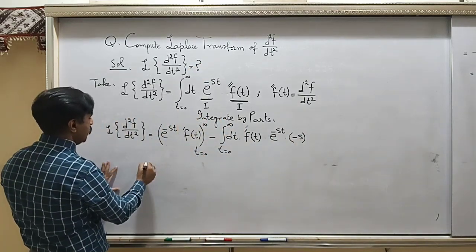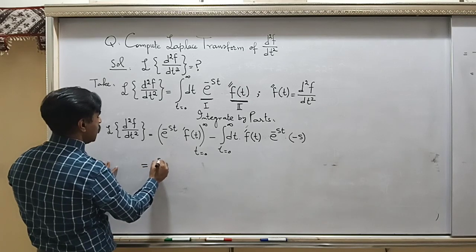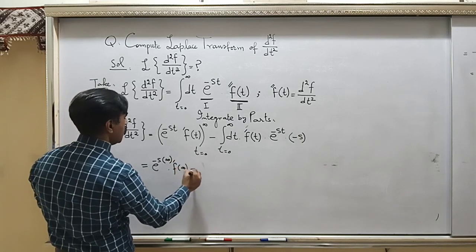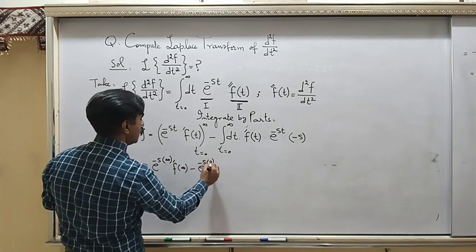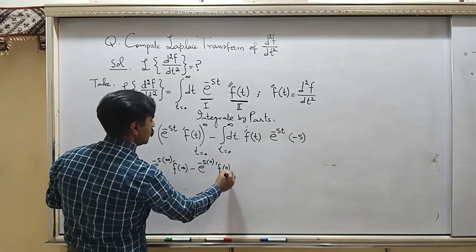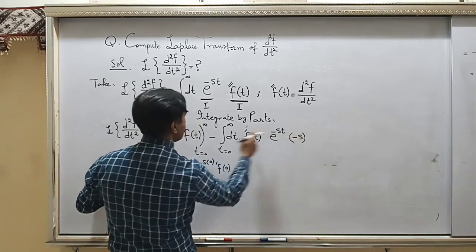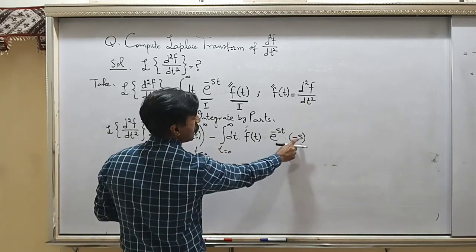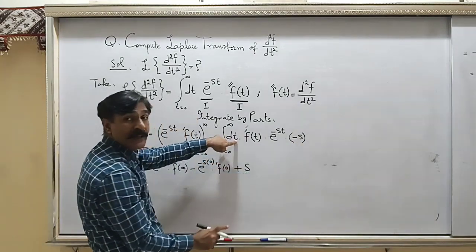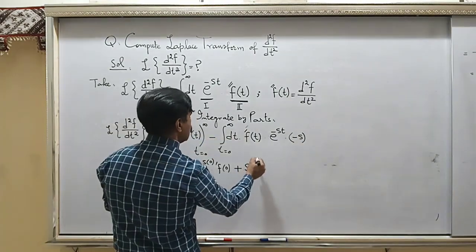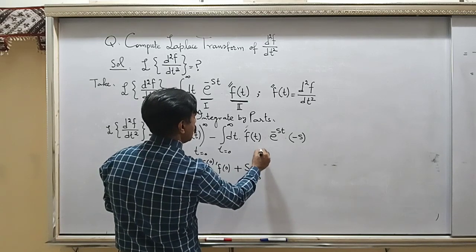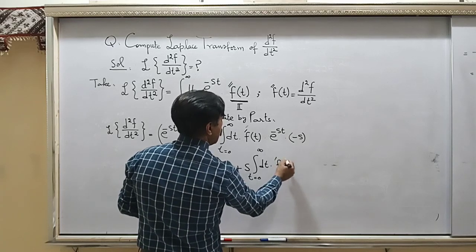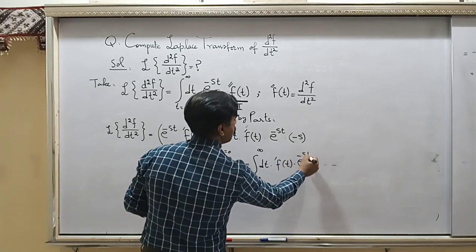Now you apply the limits: e to the power minus s into infinity into f prime infinity minus e to the power s0 into f prime 0, and this minus minus makes plus. s will be taken out because it is a constant with respect to the integration variable t, and you have t from 0 to infinity, dt, f prime t and e to the power minus st.